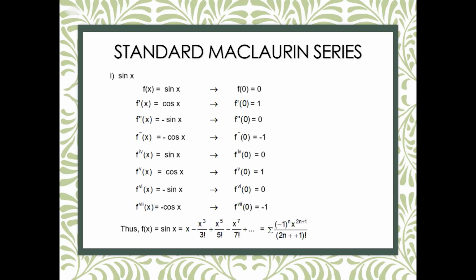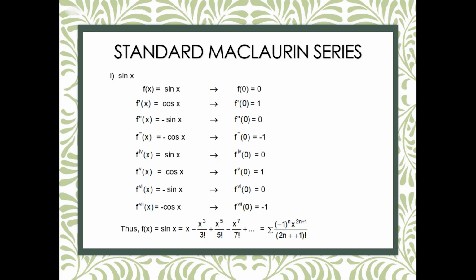Following are some common Maclaurin series that you need to know. First is the Maclaurin series for sin x. To obtain the expansion, you need to differentiate sin x a few times. Then, find the values of f(0) and its derivatives by replacing x with 0.